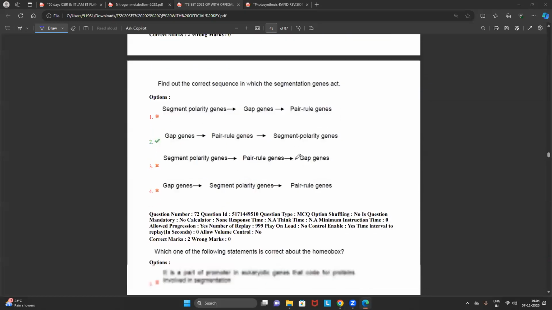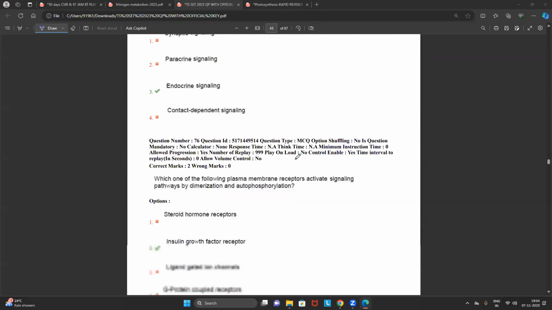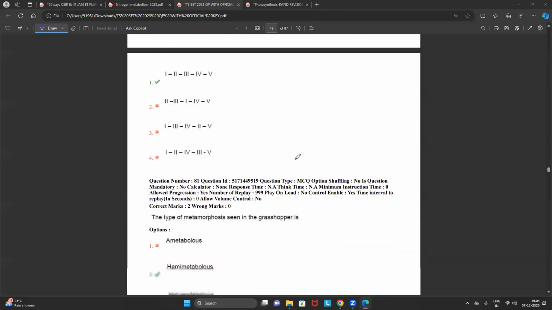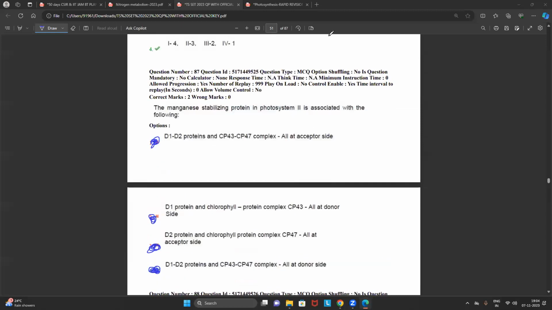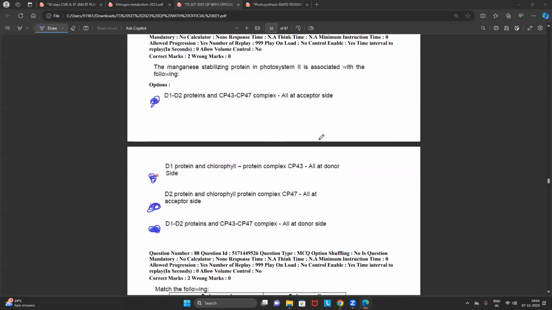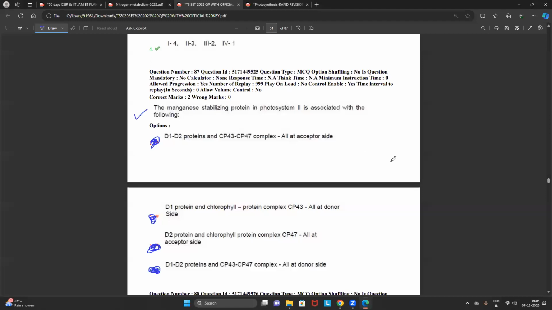Now let's look into the next question. Every single question we discussed came up, but it depends on your analysis. This is the second question they asked from photosynthesis. I believe you all remember, we discussed this only yesterday. This is question number 87, with option 1, option 2, option 3, option 4. The question says: the manganese stabilizing protein in photosystem 2 is associated with the following.